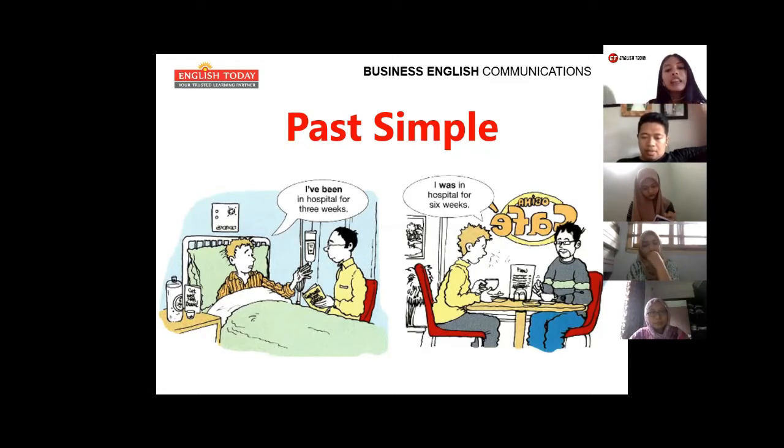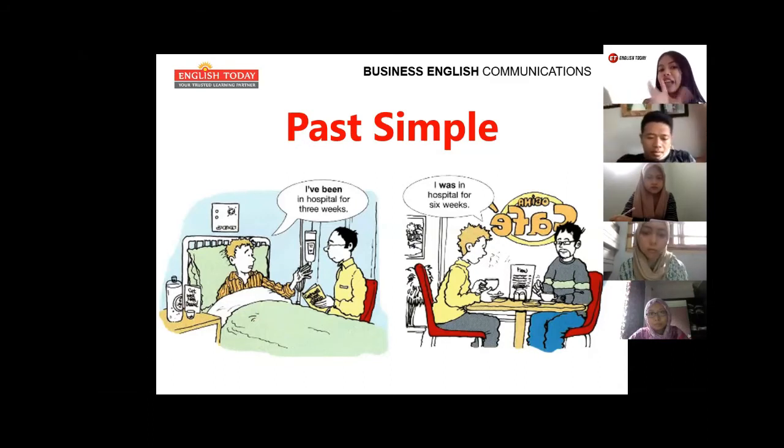Now, just by looking at the picture, I need you to find the different meanings between those pictures. Do they have the same meanings? Do they have different meanings? And when do we use past simple? When do we use present perfect?